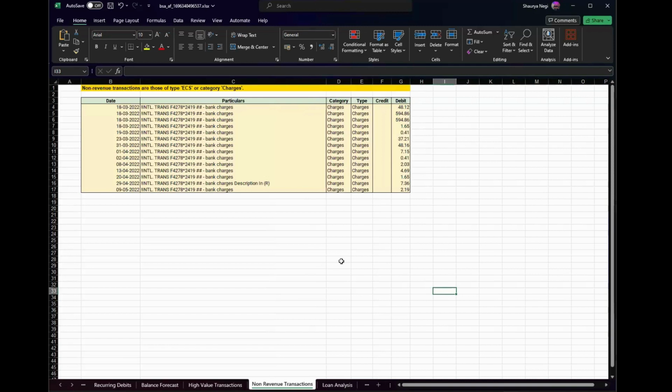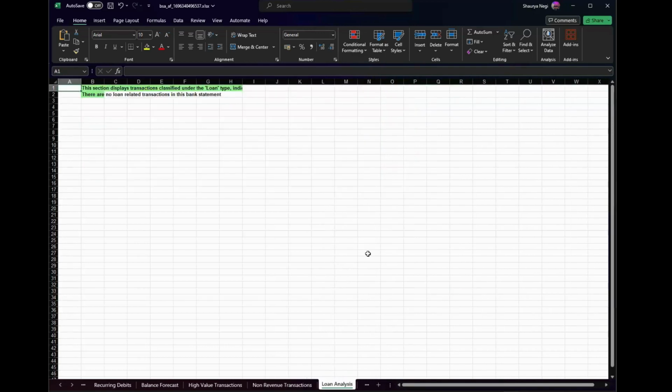So these are some important transactions which are showcased in non-revenue transactions. Loan analysis gives you an overview of all loan related transactions, making it easier to manage debts and to see the liabilities of a person in the form of loans or other loan related transactions.